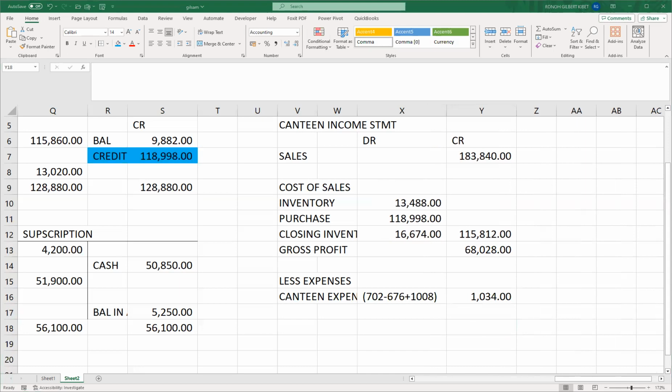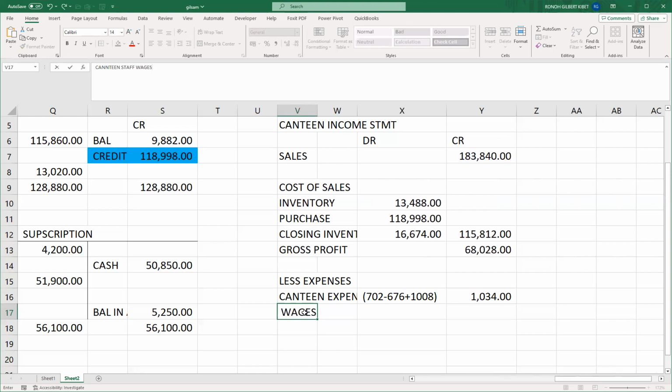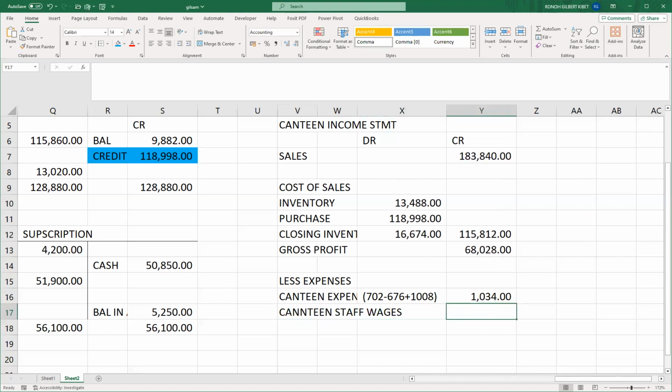And then which other thing is relating to the canteen? If you go to the receipt and payment, canteen staff wages. So canteen staff wages, there is no accrual. We just pick the figure that is 25,872.